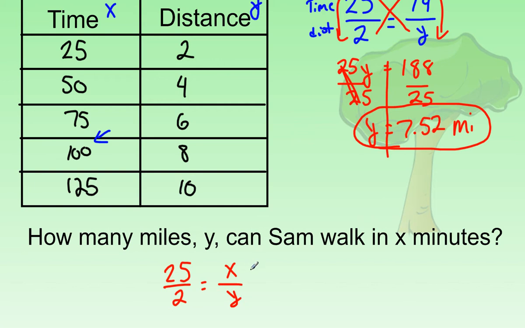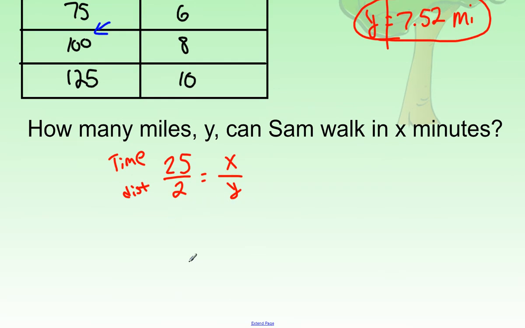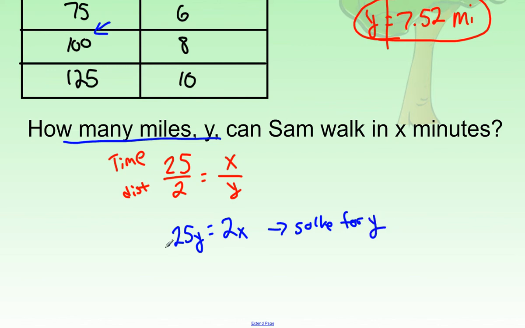Some random other amount of time and its corresponding distance. If I cross multiply here, I get 25y equals 2x. And because the question asks for how many miles, we want to solve for y. Divide by 25, divide by 25, and y equals 2 over 25 x.